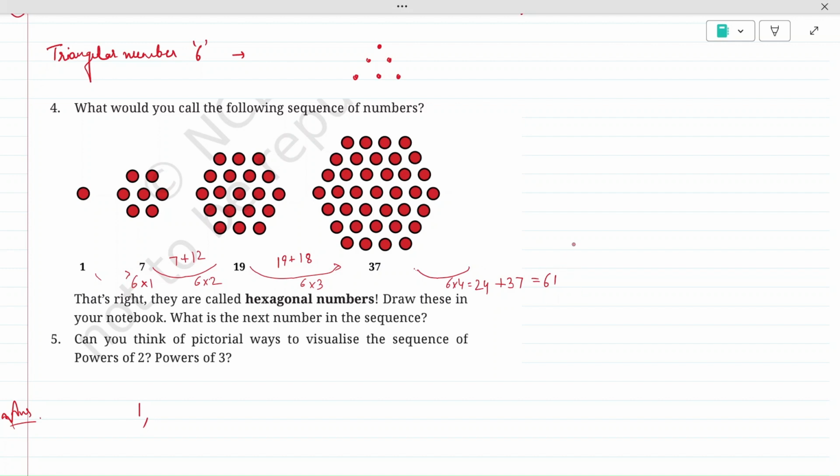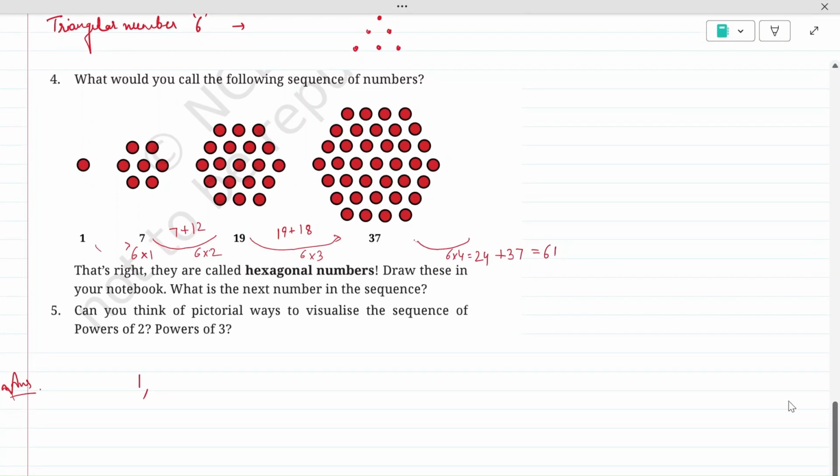So how do we have to represent it? Let us see. I'll make it here. If you can see, this one has 1 dot, this has 3, this has 5, this one has 7 dots. So next we'll have 9 dots. 1, 2, 3, 4, 5, 6, 7, 8, 9.